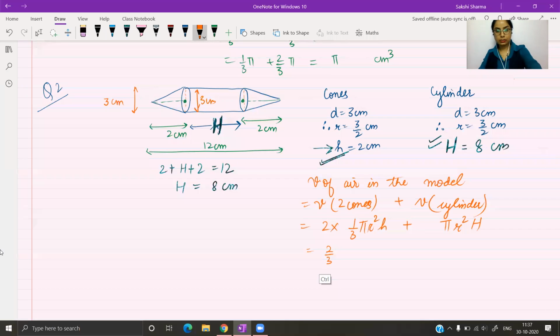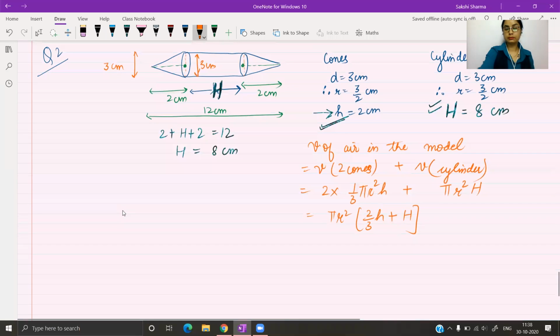Let's take pi r square common. And then put the values. Pi is 22 by 7. The radius is 3 by 2. 2 by 3 times the height of the cone and the height of the cylinder.